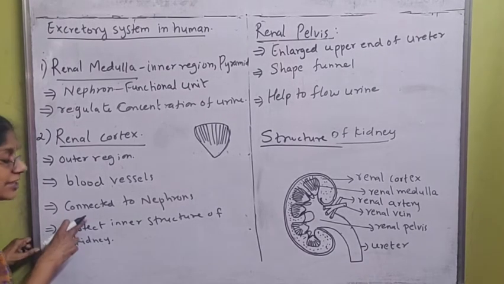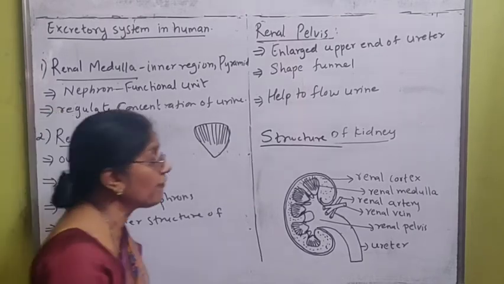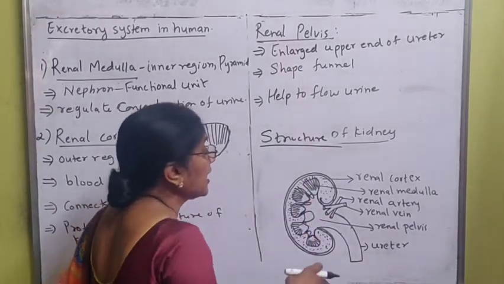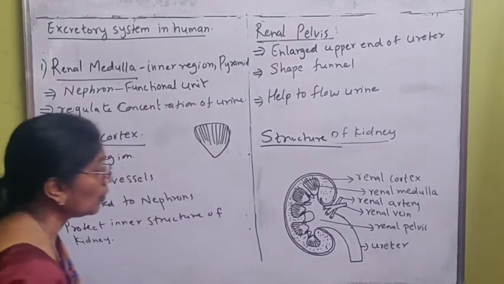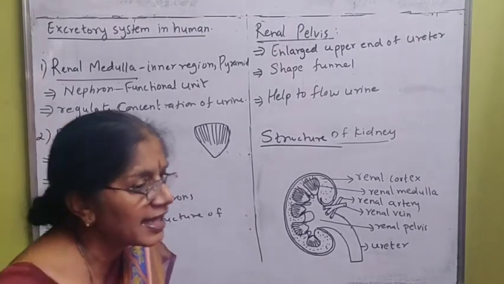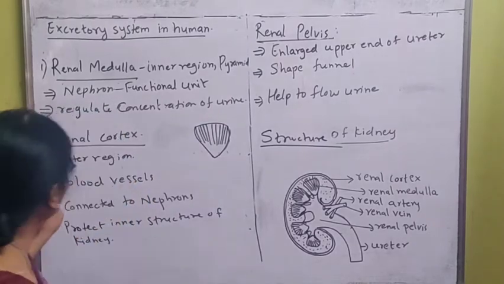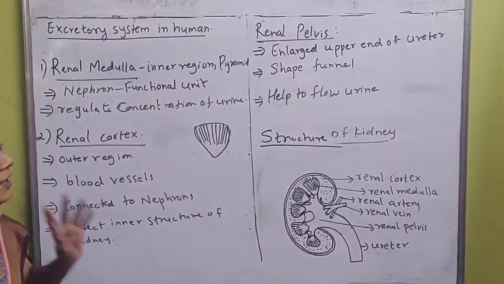And one more important thing, the cortex is also connected with the nephrons. Okay. Then what is its function? The delicate and very important parts inside the kidney are protected by the renal cortex.